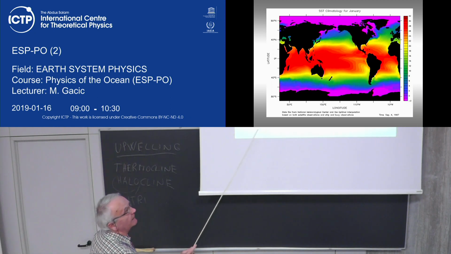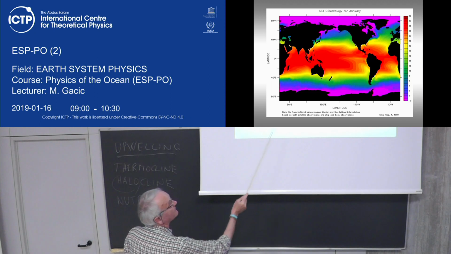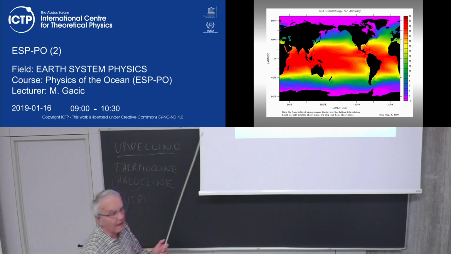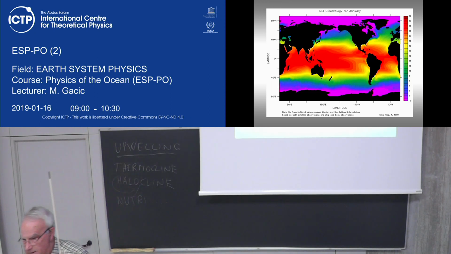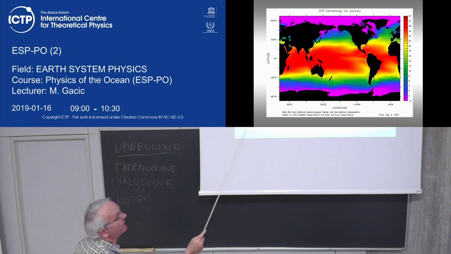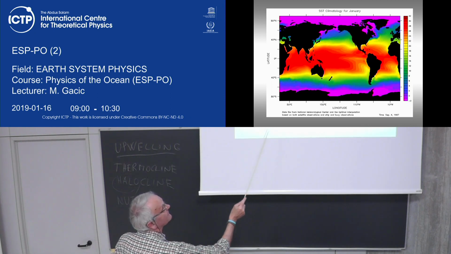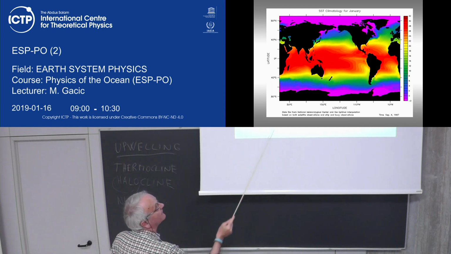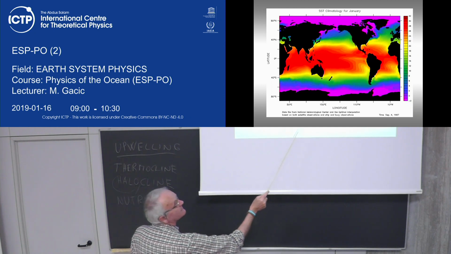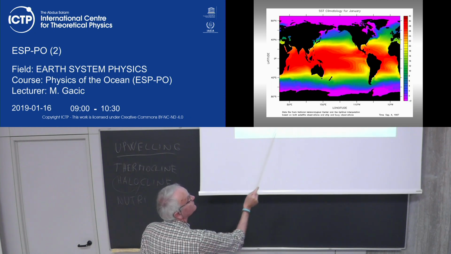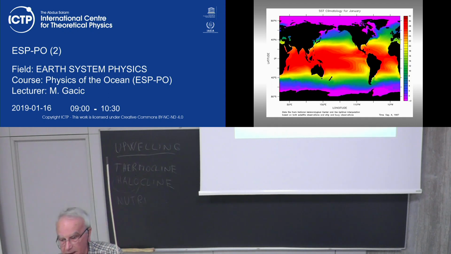The western part of these oceans is characterized by the western boundary current. So this is the current which goes from the equator toward the polar areas, and you have some signs, not very clear signs, of this northward transport of the warm water.